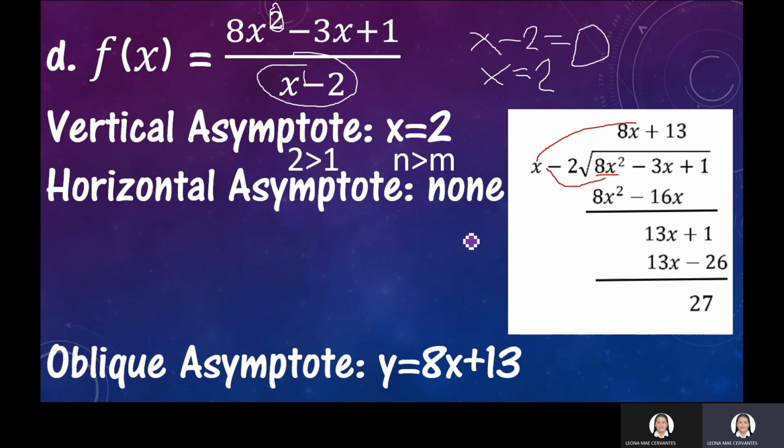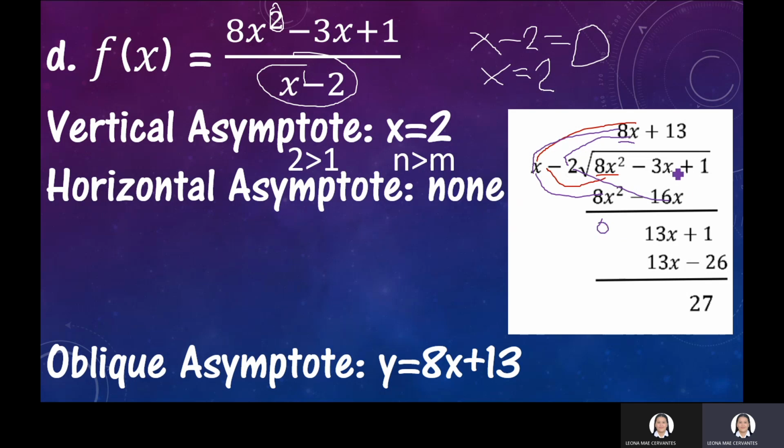Then, 8x times x, 8x squared. 8x times negative 2, negative 16x. Okay. Then 8x squared minus 8x squared, 0. So, we don't write it anymore.